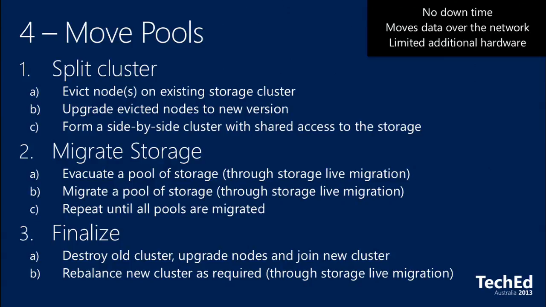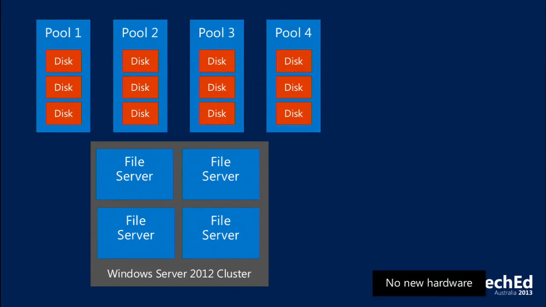What it actually involves is, now in this diagram, I'm showing this with storage spaces. You can also do this if you're using Fibre Channel, if you're using LUNs, et cetera. Let's say you have a scale-out file server, and you have storage spaces, or if you're not using storage spaces, where that says pool, you can imagine that it says LUN.